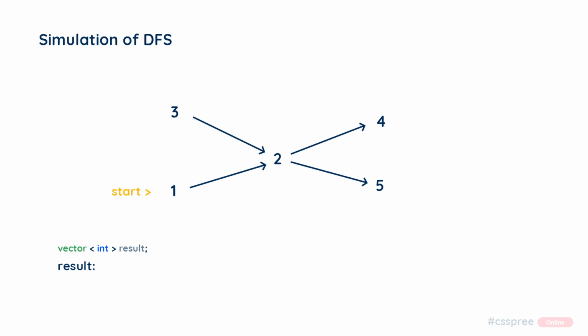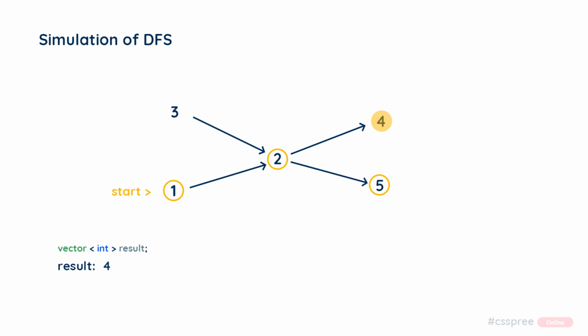So start from node number one. We cannot put it into our list yet because node one has a child node, which is 2. We need to move to our adjacent node 2. After that, we find that there are two unvisited children, which are 4 and 5. Moving to 4, we can see that 4 has no children, so we can now put it into our result list and move back to number 2.